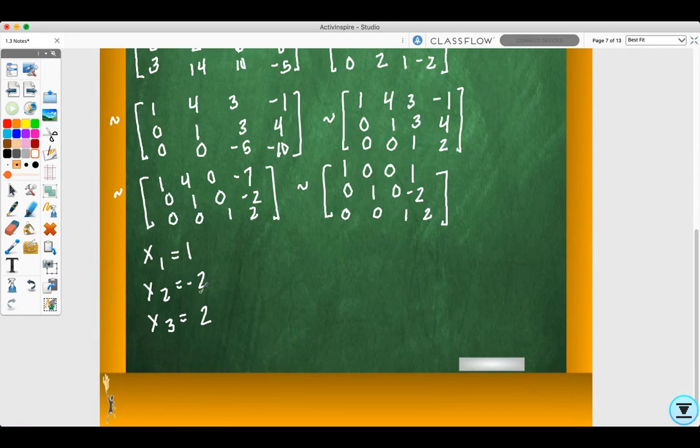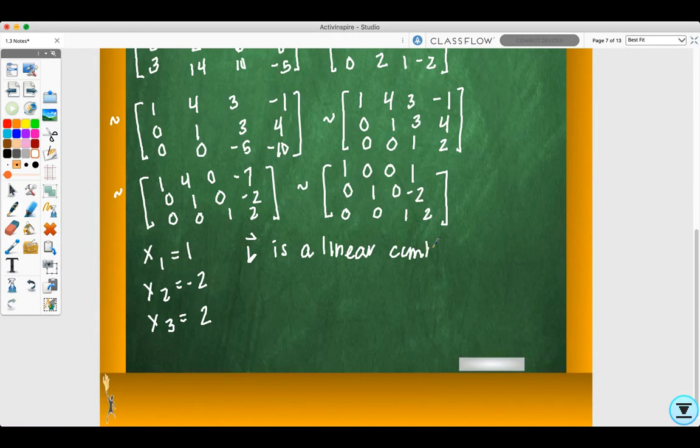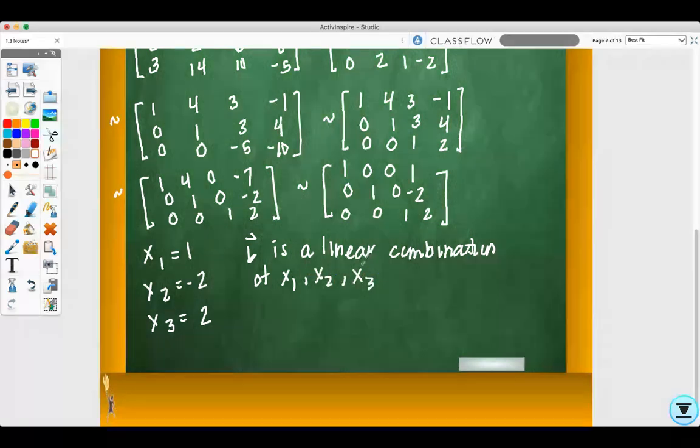So B, vector B, is a linear combination of A1, A2, A3, since we can write it like this. So B is a linear combination of, oops, not x's, A's.